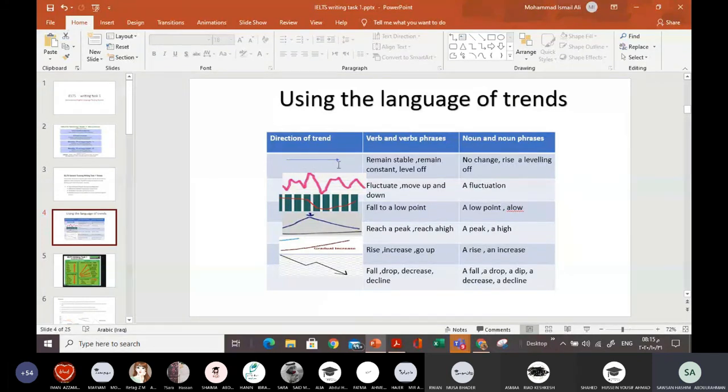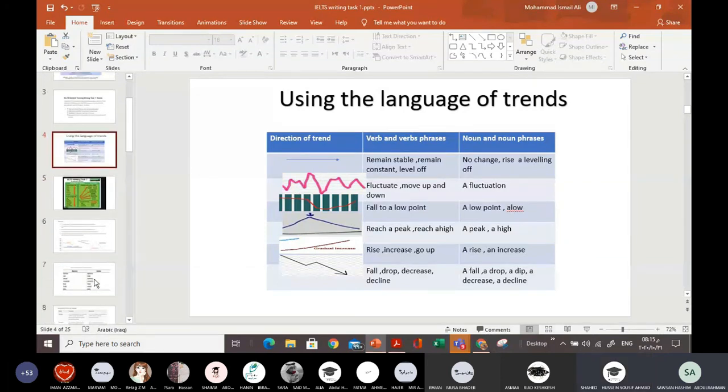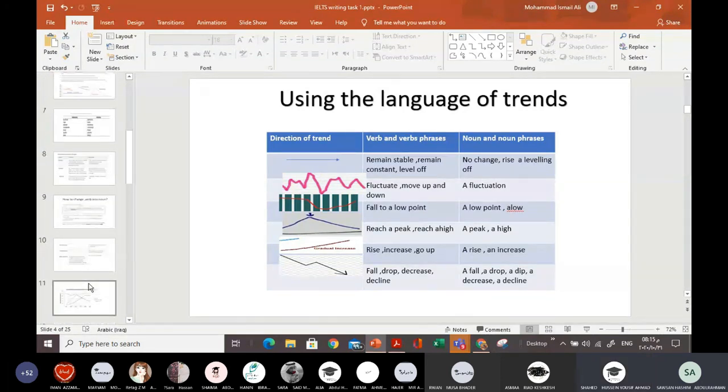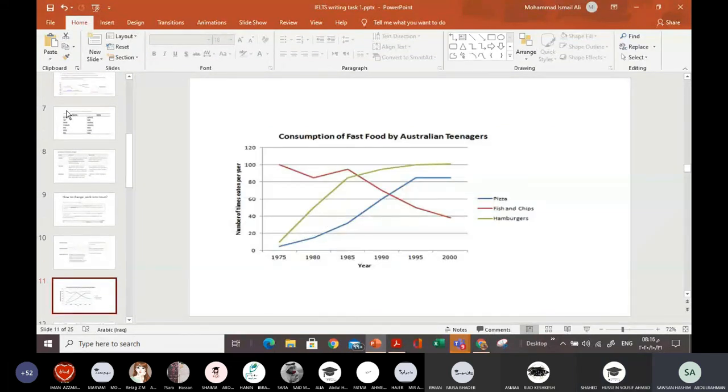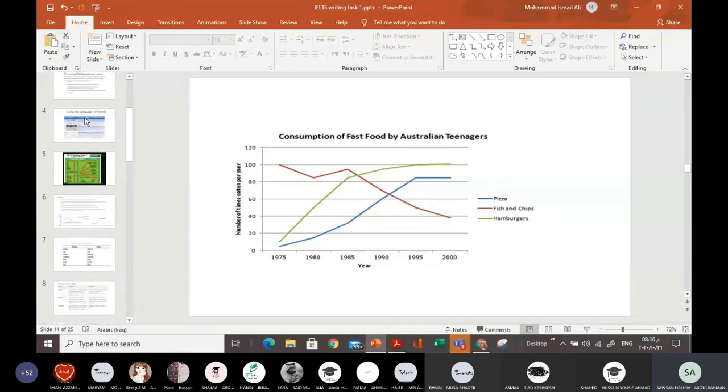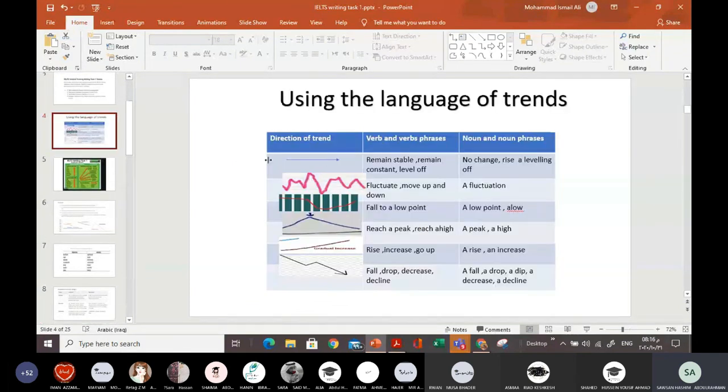If you see a trend, I show you what a trend is. You know what a trend is? Yes, teacher. This is a trend, يا بنات. If you see a trend here in a straight way, you are going to say what?